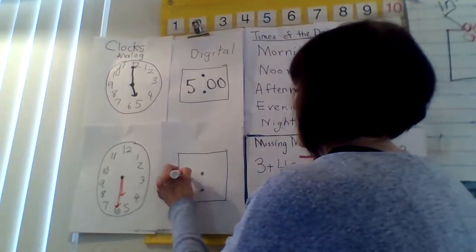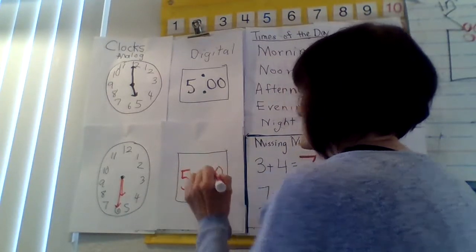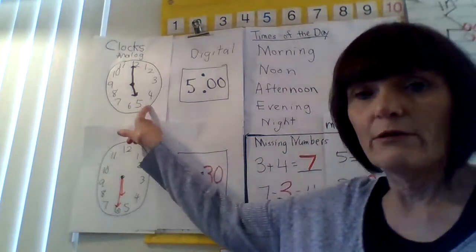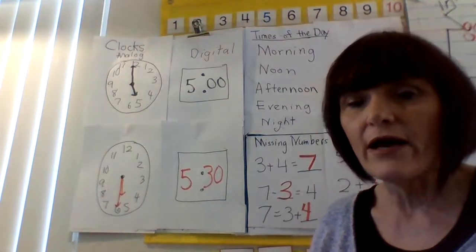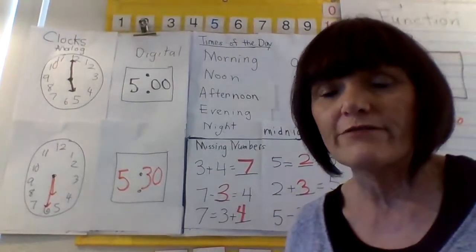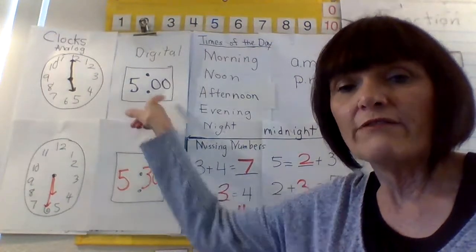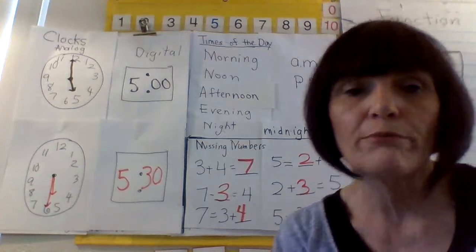All right, let me write 5:30 on my digital clock. Now, I didn't say if this was 5 in the morning and 5:30 in the morning. I didn't specify if it was 5 in the evening or 5:30 in the evening. So, all I wanted you to do was write 5 o'clock or 5:30, not with the AM or PM on this one.